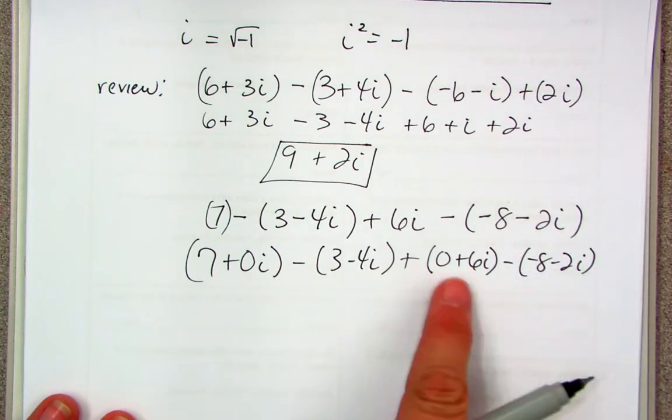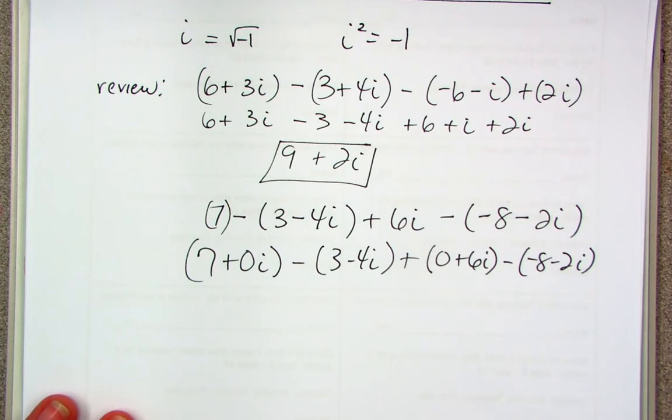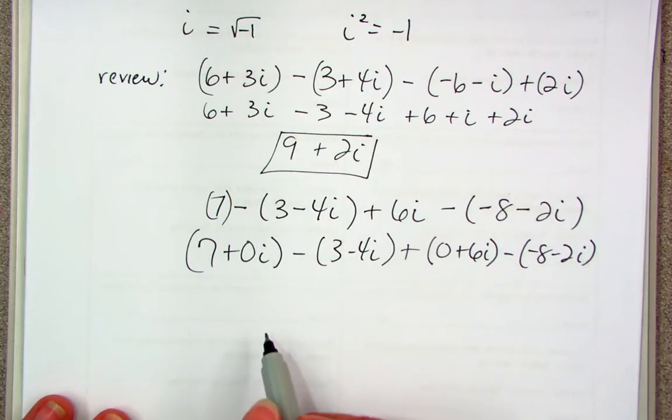I wrote each one of them in a plus bi form. Just that was a pure imaginary and that was a pure real. But I also don't need to do that. I could just distribute all the negatives and combine like terms.